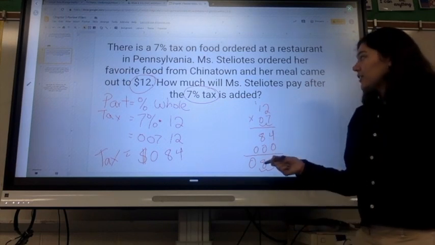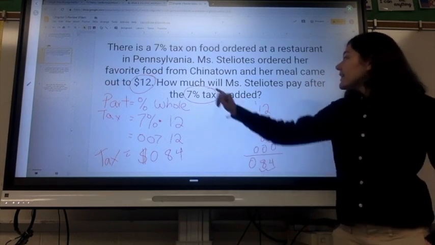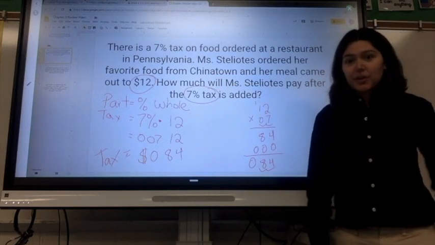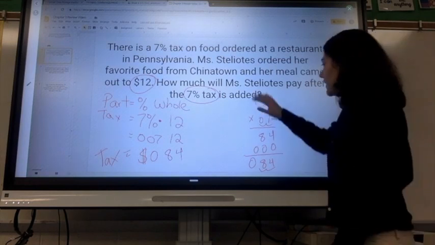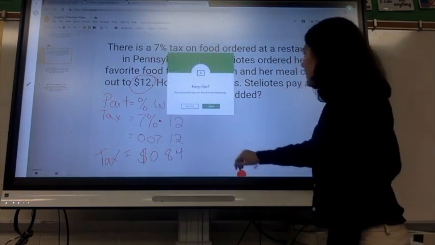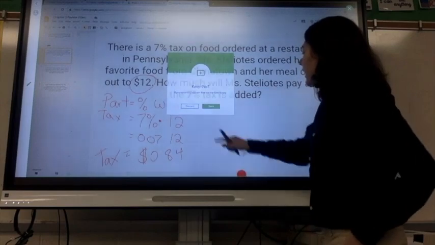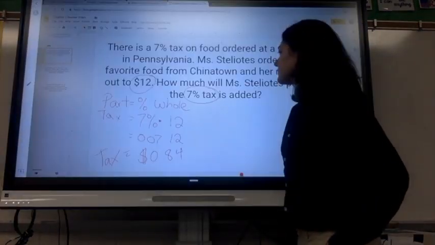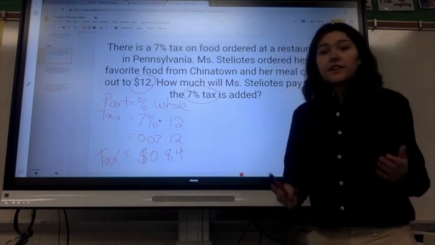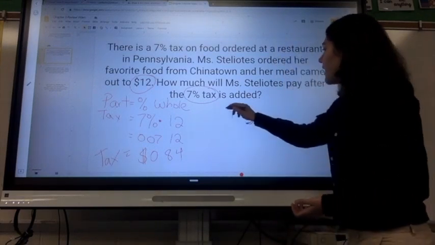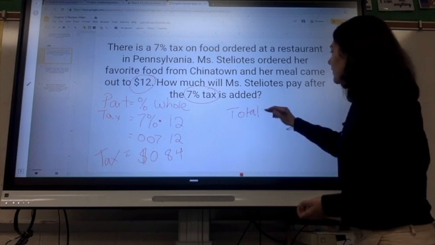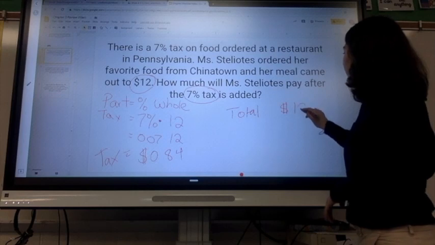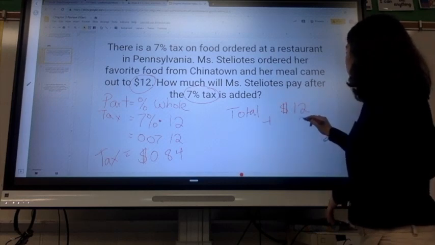Now this question though doesn't say what is the tax. It says how much will Miss Deliotis pay after that 7% tax is added. So to find the total amount that I'm paying, I'm going to add my original subtotal cost, that whole, of $12, plus the $0.84.